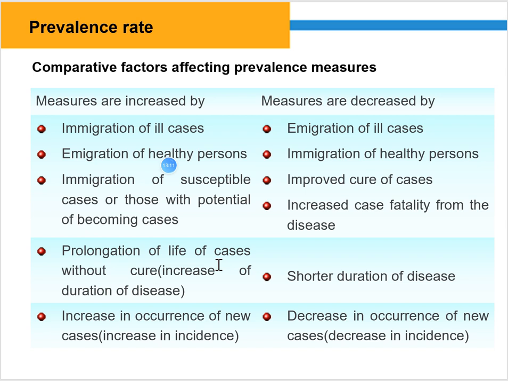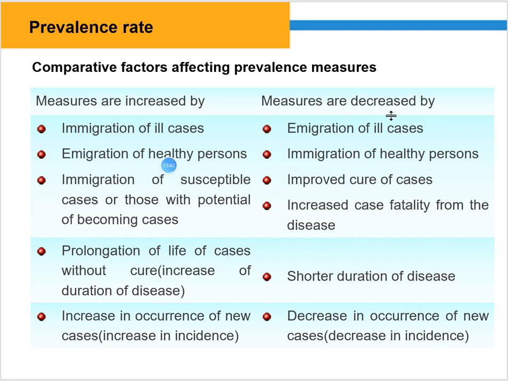Prolongation of life of cases without cure, that is, increase of duration of disease. 5. Increase in occurrence of new cases, that is, increase in incidence. So, all factors that increase the numerator and decrease the denominator will increase the prevalence.